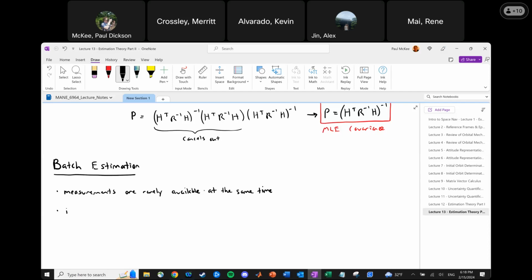So in practice, measurements are often available periodically.